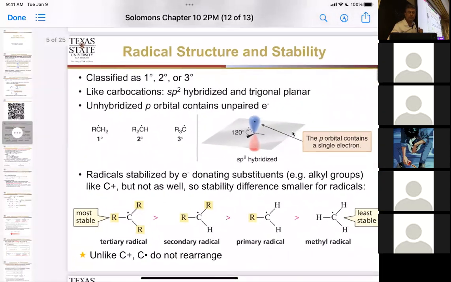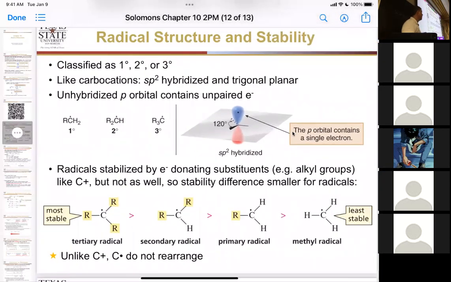So let's talk about stability. Okay. In the case of radical stability, it trends with carbocation stability. Now, think about that. In a carbocation, we have an sp2 hybridized carbon with an unhybridized p orbital with 0 electrons in it. That's a carbocation.